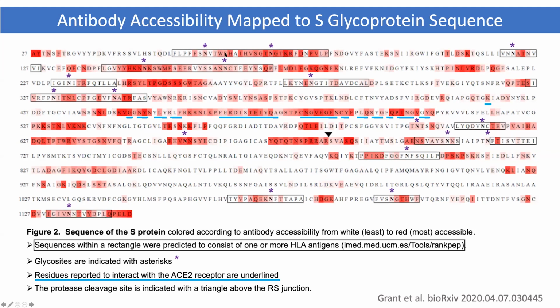And by looking through this data, and we've got a project where we're working on picking out peptides based on this to use as immunogens, you can say, well, is the glycan important or not important for blocking potentially the binding to an HLA, which is going to be important for the adaptive immune response.